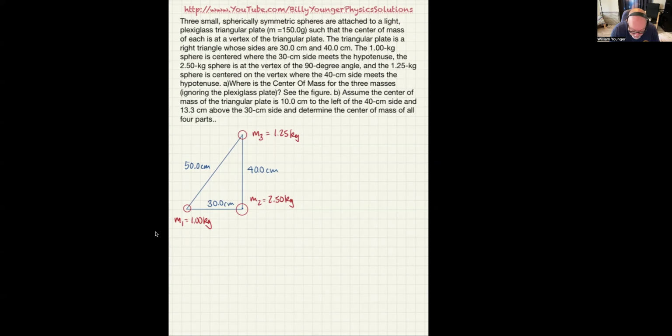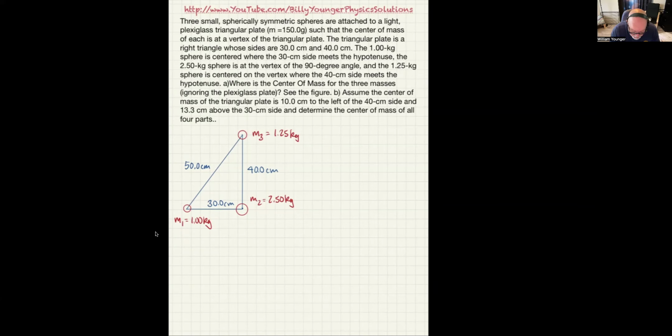The triangular plate is a right triangle whose sides are 30.0 centimeters and 40.0 centimeters. The 1.00 kilogram sphere is centered where the 30 centimeter side meets the hypotenuse. The 2.50 kilogram sphere is at the vertex of the 90-degree angle, and the 1.25 kilogram sphere is centered on the vertex where the 40 centimeter side meets the hypotenuse.